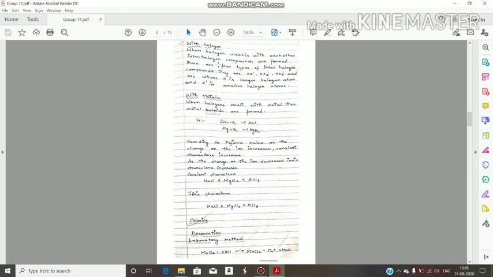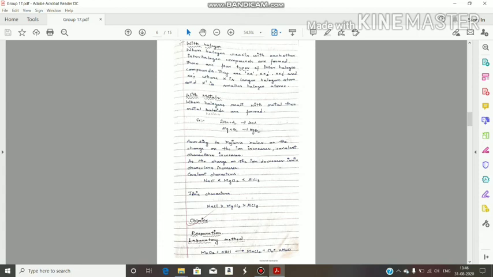That means when halogens react with each other, here the reaction takes place between two different halogens. When halogens react with each other, interhalogen compounds are formed. Interhalogen compounds means compounds containing two different halogens. These are four types.